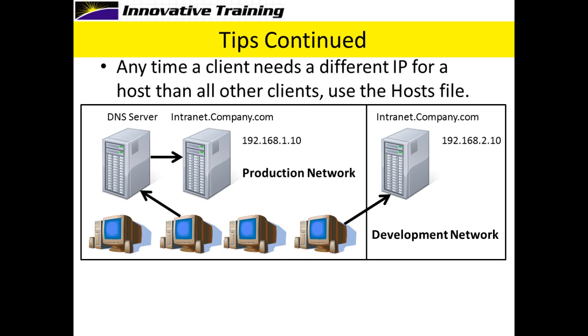And those changes need to be done on a duplicate server that lives on the development network with an IP address of 192.168.2.10. Well, consulting DNS, anybody who goes to intranet.company.com is going to be sent to the 192.168.1.10 address. So for the developer, we would need to put the 192.168.2.10 entry into that computer's host file so that when that developer goes to intranet.company.com, they get referred to the web server on the development network.